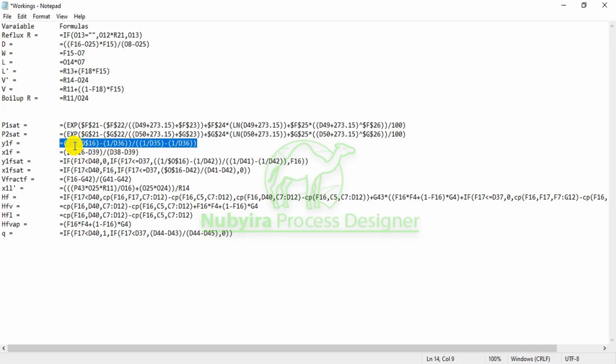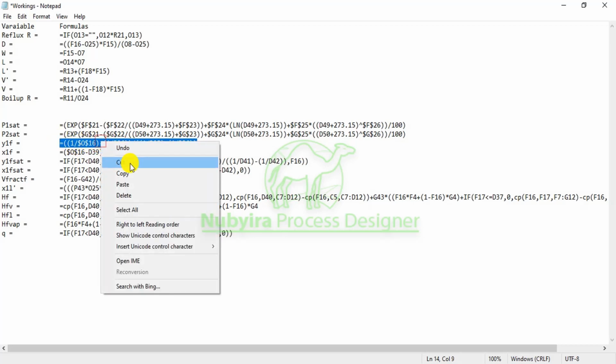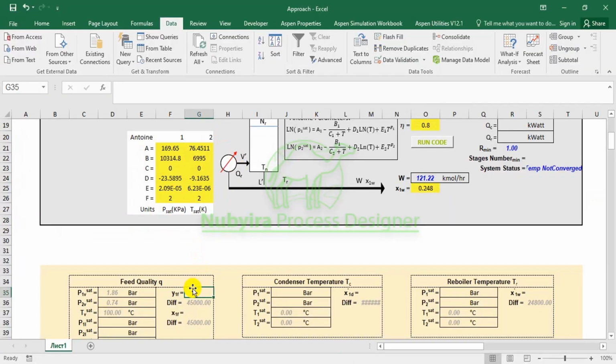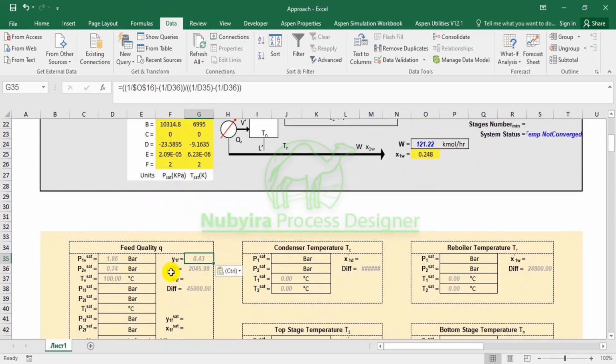So this is the formula that I get, 1 over P. So we have the 0.43. So that means this is the formula. It's based on D36, which is the saturated pressure of the second component, while D35 is the saturated pressure of the first component.